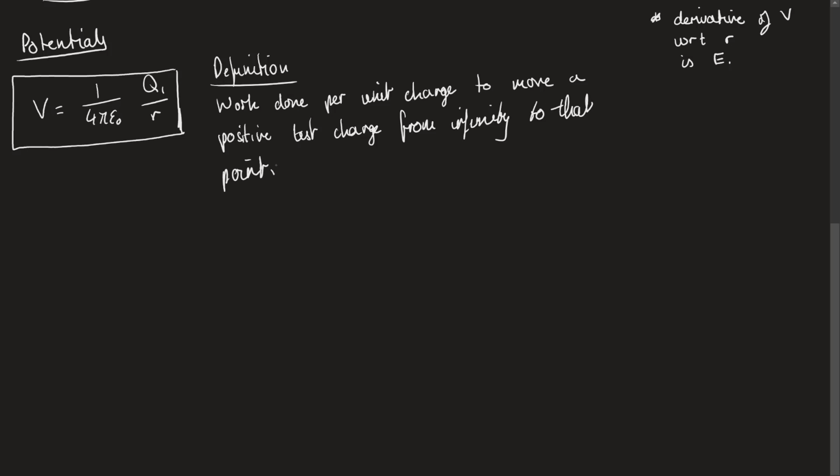Okay, and we say that each point in a field will have a value for potential, and if we wanted to then map out those potentials, we could do that by equipotential lines.